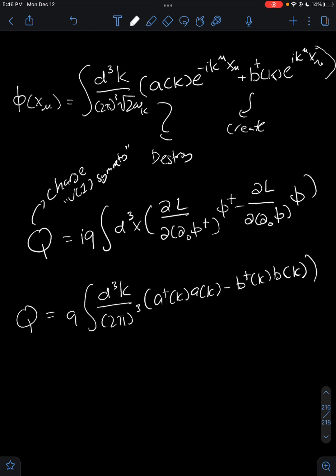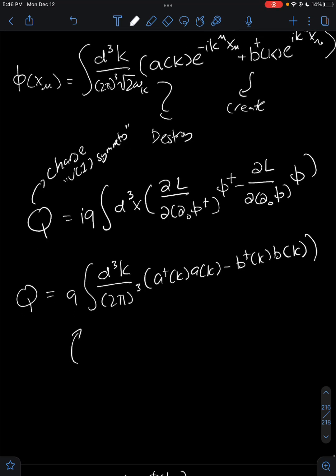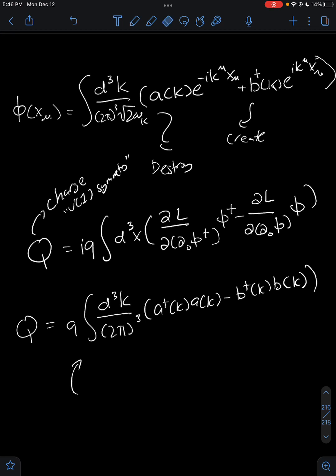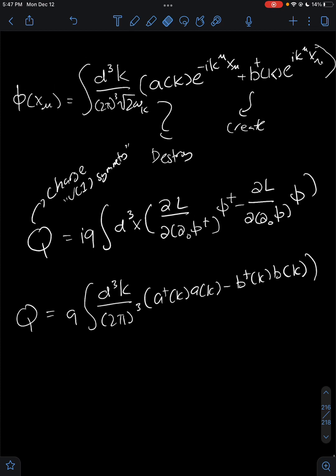If you plug in the Lagrangian for the complex scalar field, which is slightly different from the real scalar field Lagrangian, you would get this right over here. And you can notice that the charge operator for the complex scalar field contains these two parts.